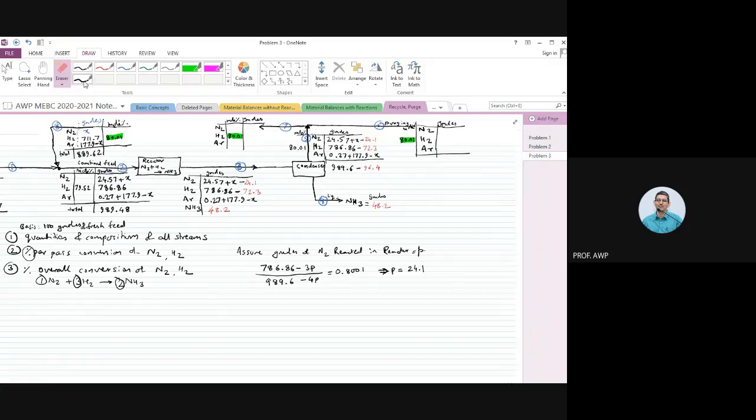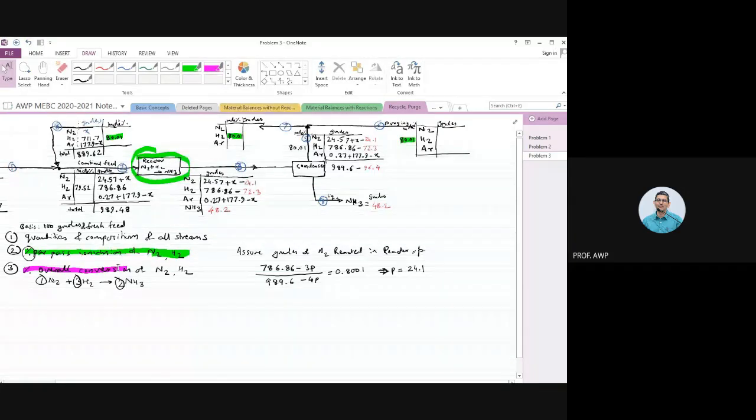Right, so once you get the X value, basically you got everything. Then you can find out the per pass conversion of nitrogen and hydrogen. Remember, per pass means across the reactor, and overall means across the whole plant.